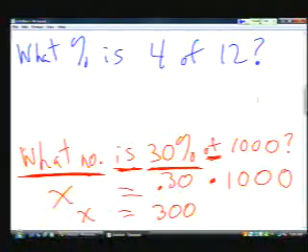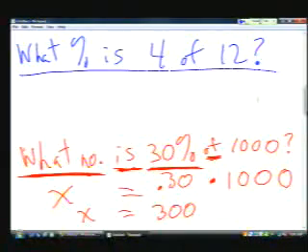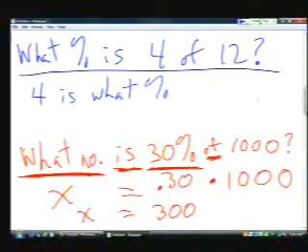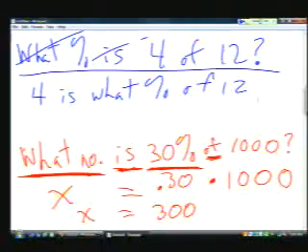We usually rewrite this first as 4 is what percent of 12? That's the first thing we would do in this problem. When it says what percent is 4 of 12, you would rewrite that. I would recommend that you say 4 is what percent of 12.